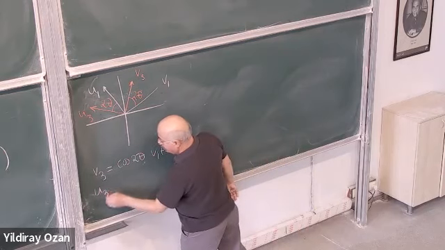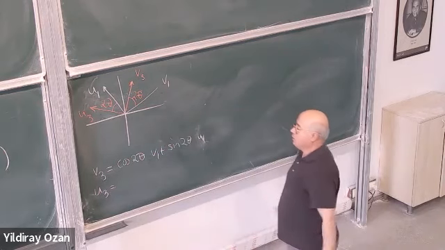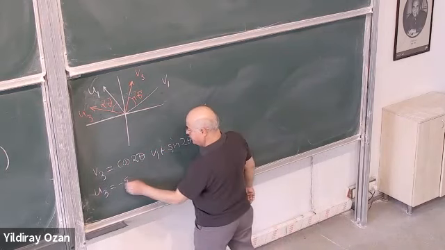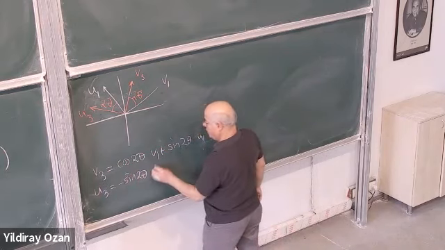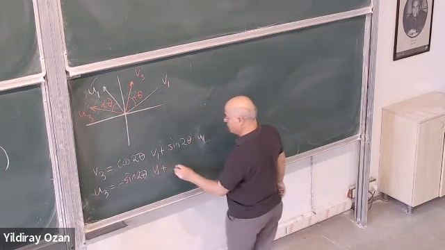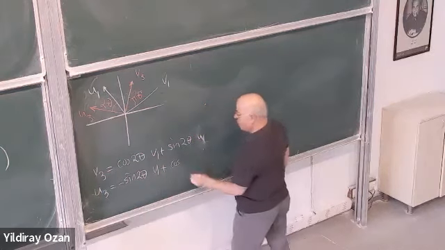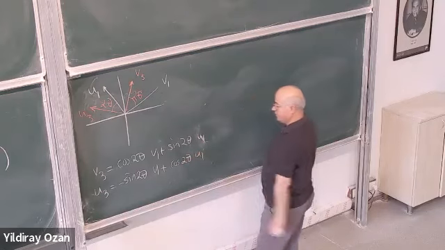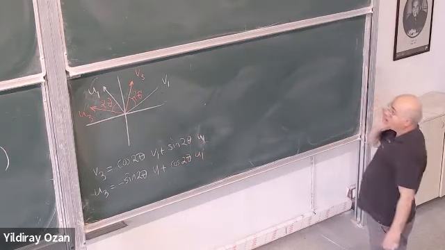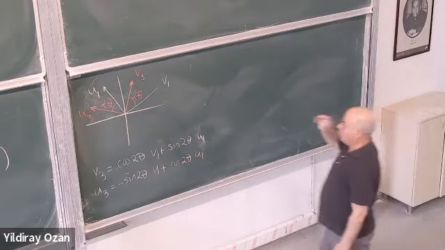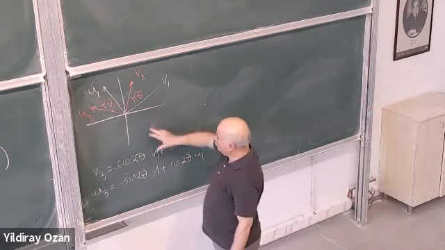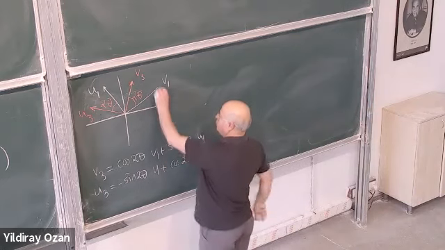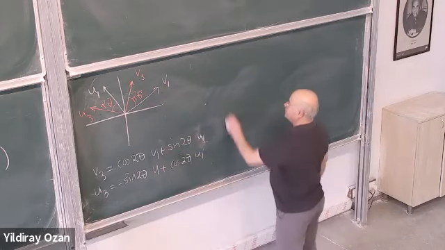And what about U3? We add 90 degrees, so minus sine 2 theta V1 plus cosine 2 theta U1. So 2 theta radian maps U1 and V1 to these two vectors.